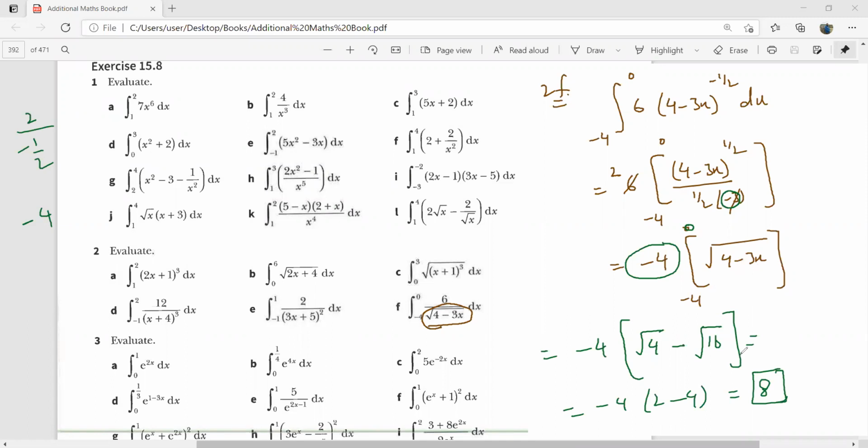Now, there is one thing about the square root. Remember, if you are applying the square root yourself, for example, you have something like x square equal to 4, and you apply the square root on both the sides, then this has to be x equal to plus minus 2, okay?